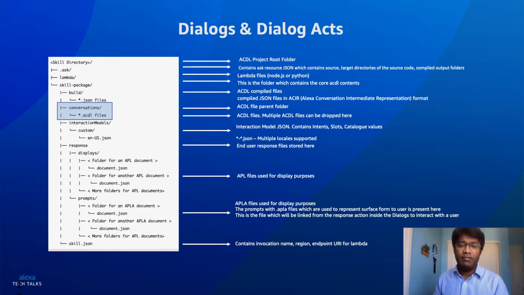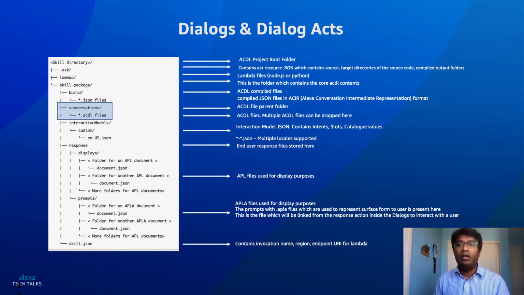The conversation subfolder under this skill package is where you will create your ACDL files, which connect all the dots, such as your utterances, your other ACDL files, and your APLAs, and hold your primary logic. It also defines data types. That's the most important component in the entire ACDL project.